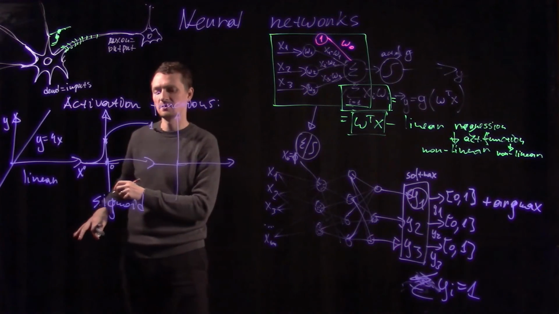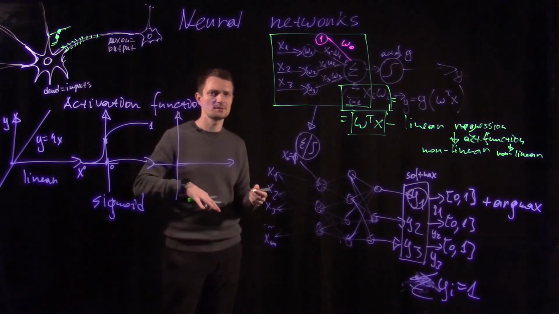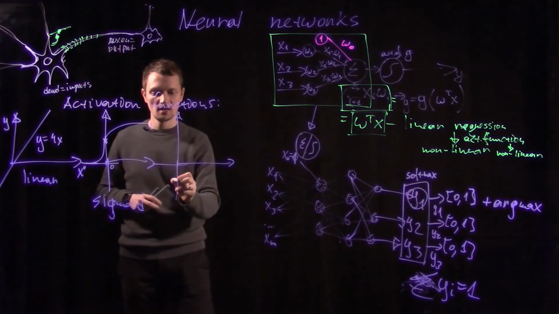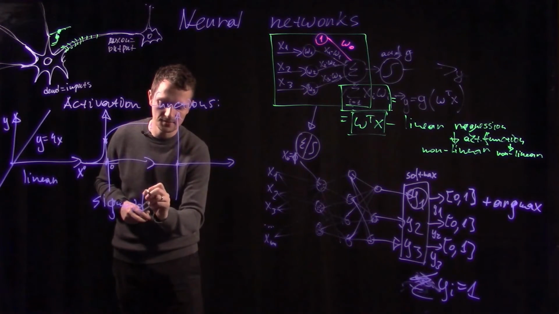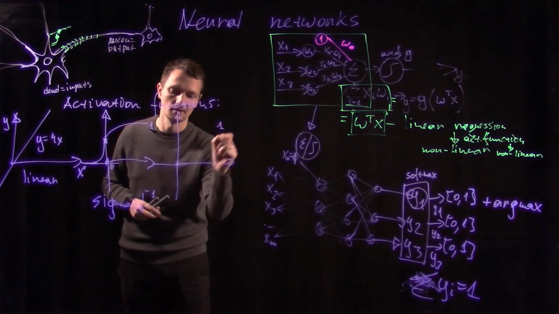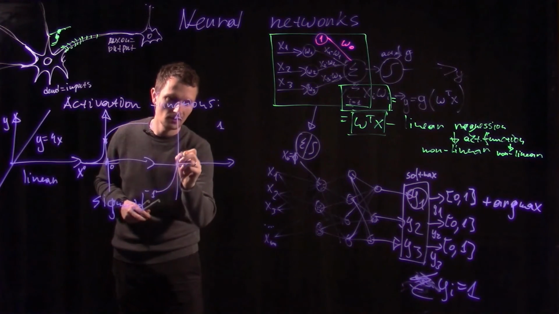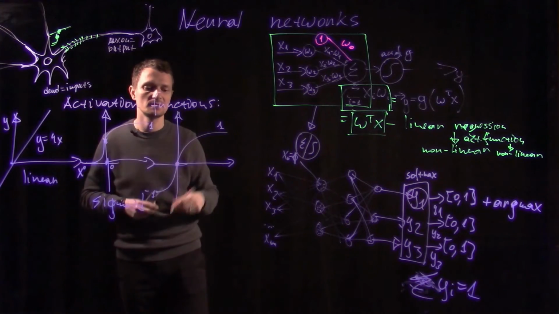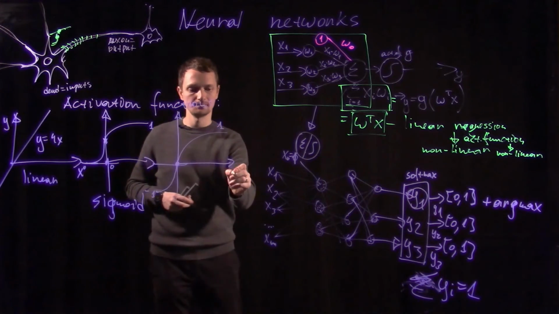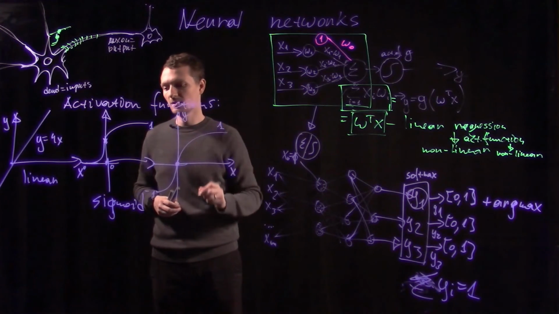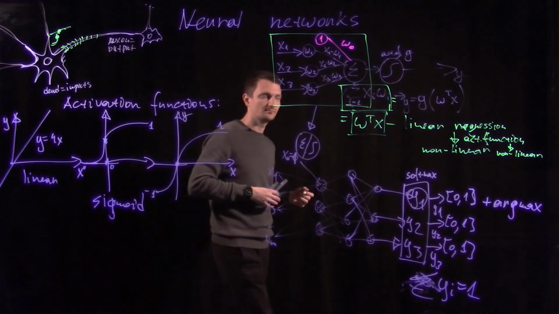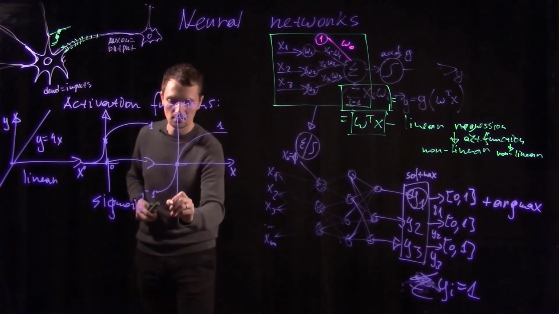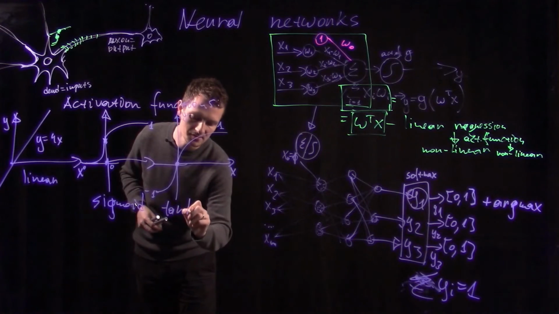Basically it's also similar to sigmoid because it also has an S shape, but it starts from -1 and goes up to +1, and it passes through the point 0, 0. This is the so-called tangens hyperbolicus.